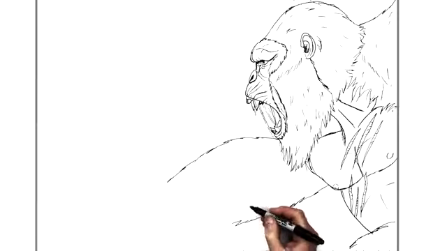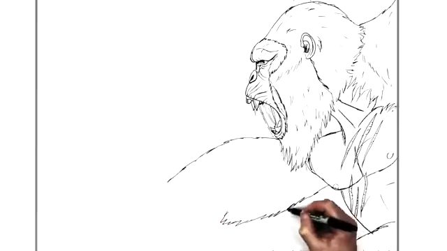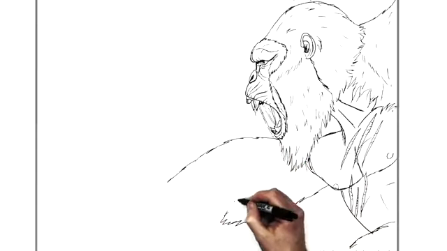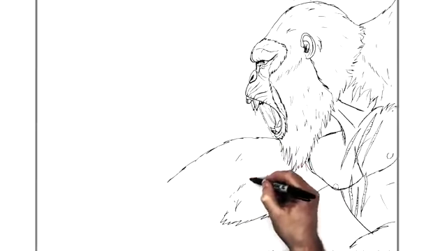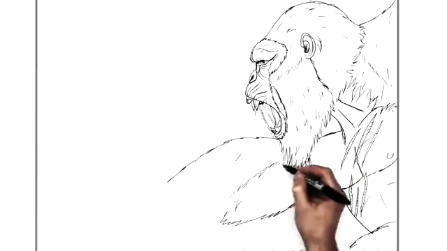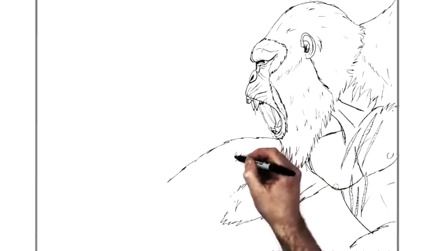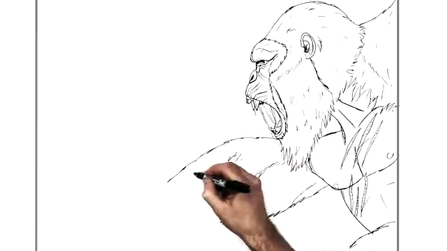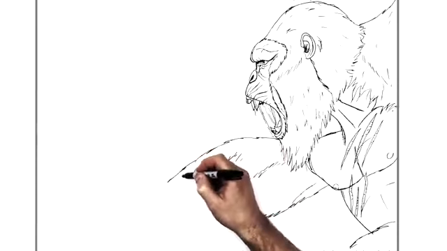Right, like so, and adding texture on the inside will help us see that it's furry. Right, and so it comes around his finger and his hand, right?